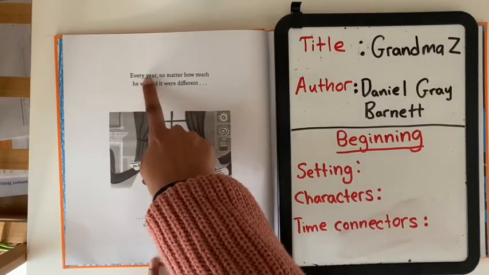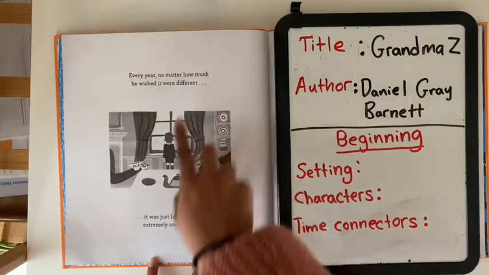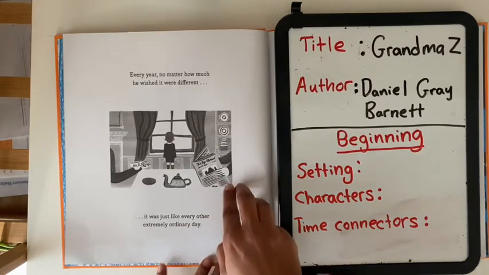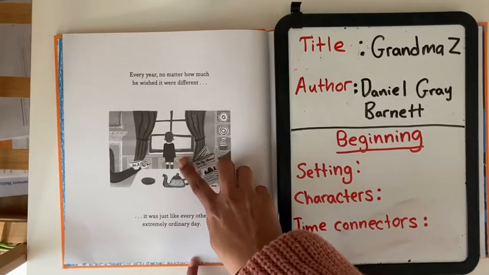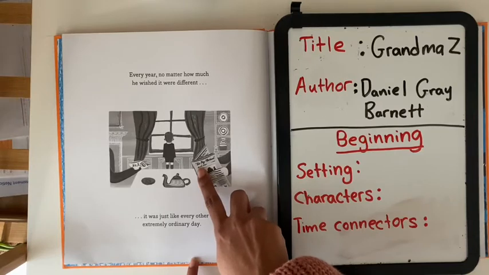So it says, every year, no matter how much he wished it were different, it was just like every other extremely ordinary day. So I can see that Albert is in a house, and this is his home, or the house that he lives in.